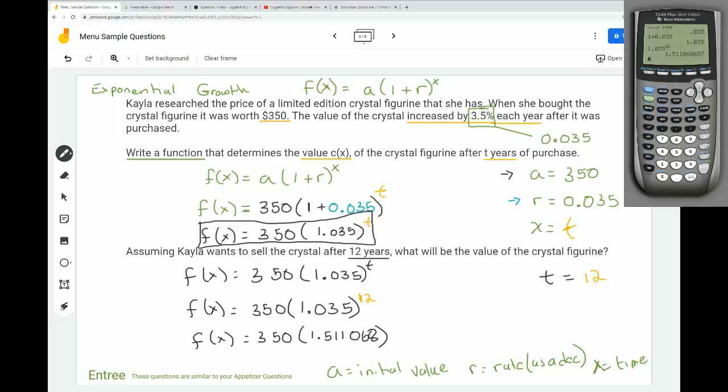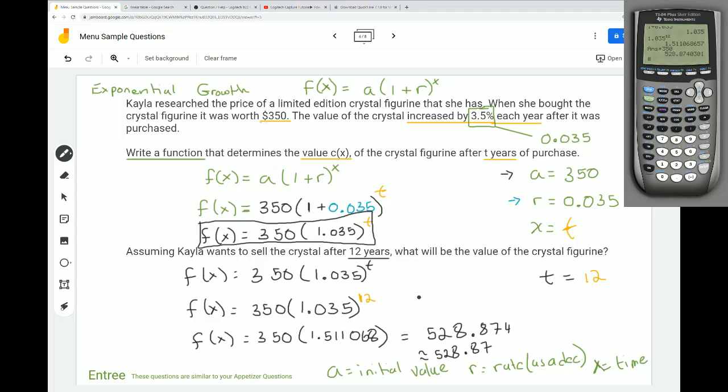You take this value, you multiply it with 350, and we get the function of x is equal to 528.874. We can round that to approximately 528.87.